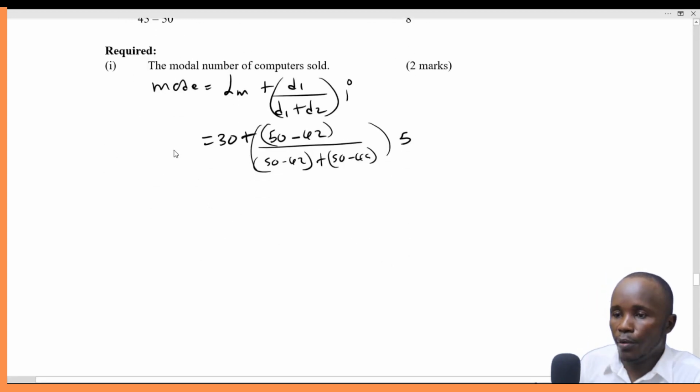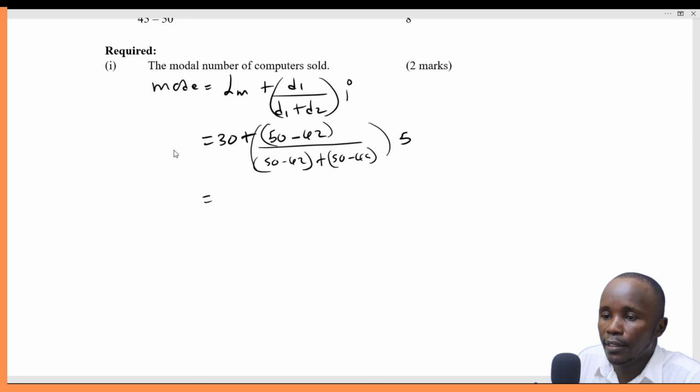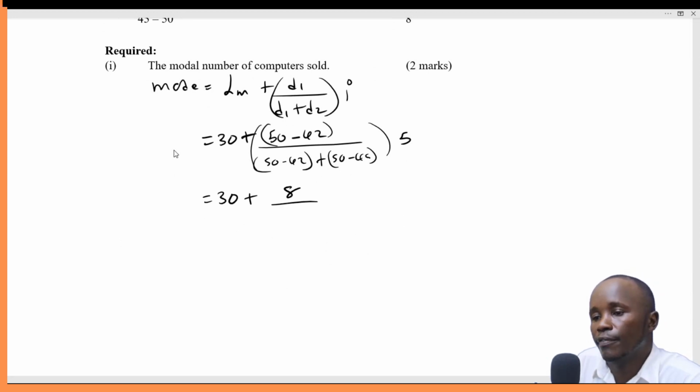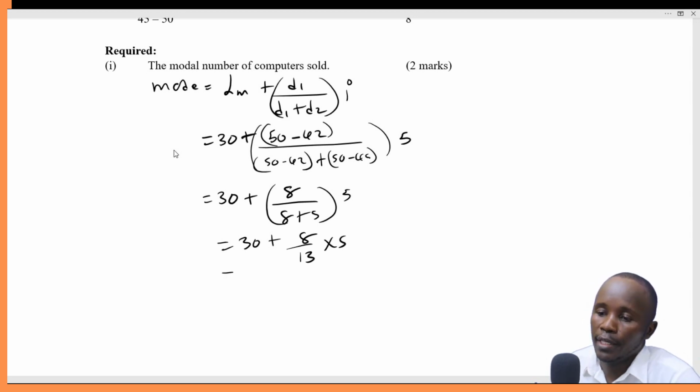So we end up with 30 plus 50 minus 42, that is 8, divided by 8 plus 5, times 5. This is 30 plus 8 divided by 13 times 5. What do you get here? Let me take my calculator.